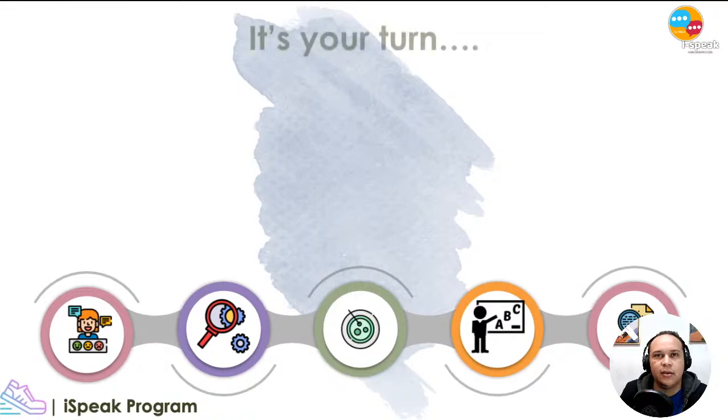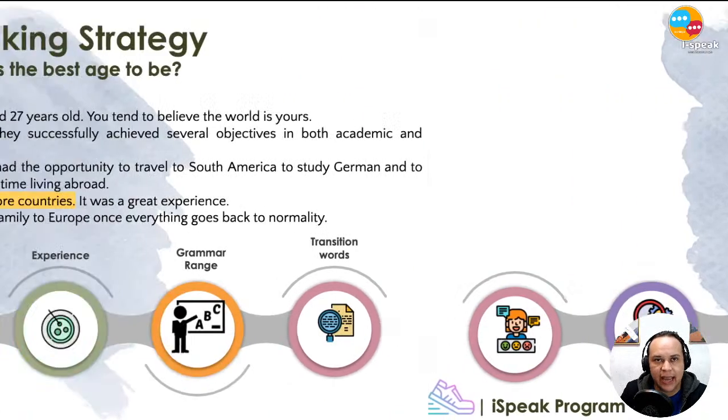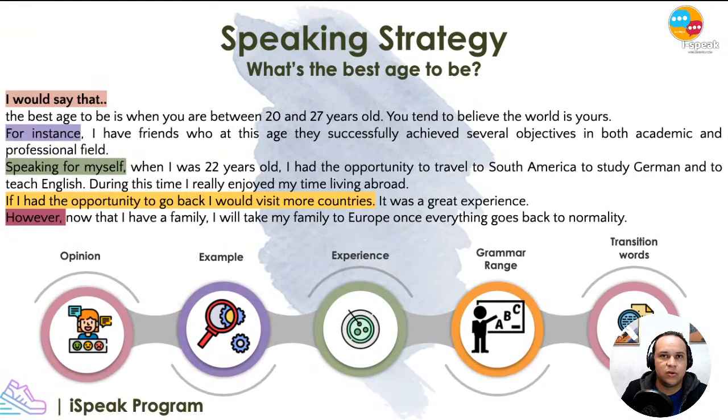Alrighty, and now this is your turn, right? Obviously, I also have prepared something for you. This is the pre-speaking practice, right? The main idea over here is that you can answer the same question we have over here. What's the best age to be?